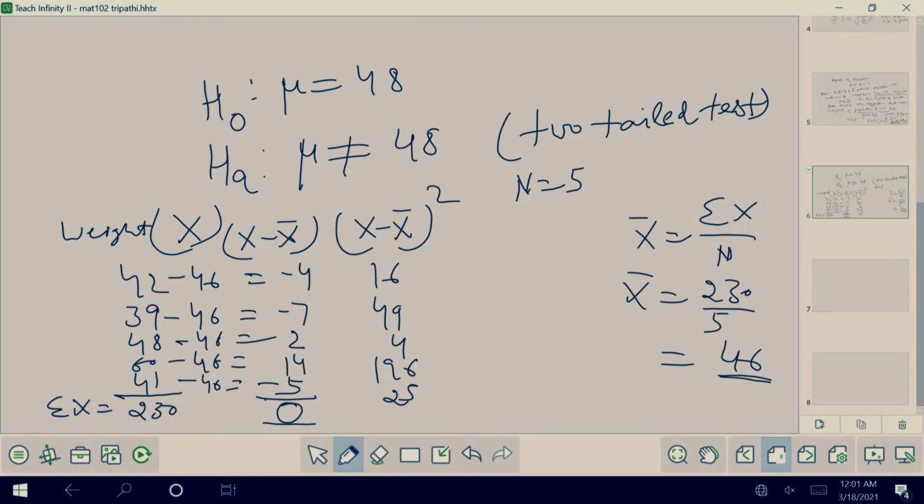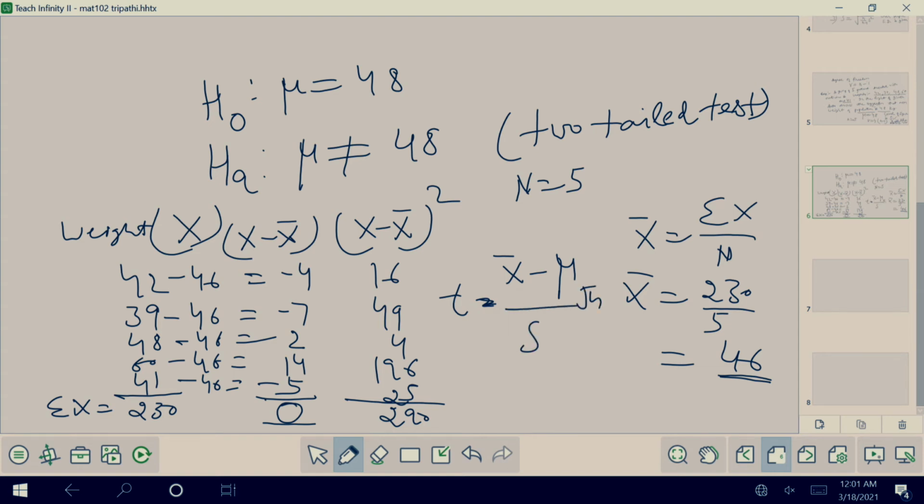So, now what is the formula for t test for one sample? First of all we do the calculation, the sum of these, the total is 290, right, and formula of t is equal to x bar minus mu divided by s into under root n.